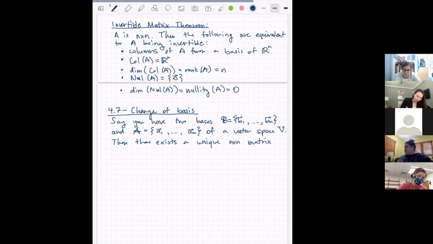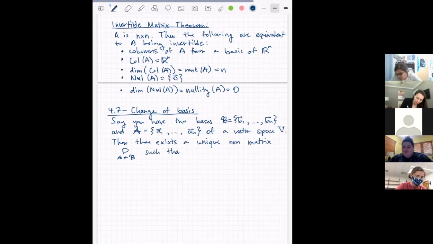The notation for this is P, and then you have A, a backwards arrow, and B. And so this is going to be the matrix that changes your coordinates from B to A, right?